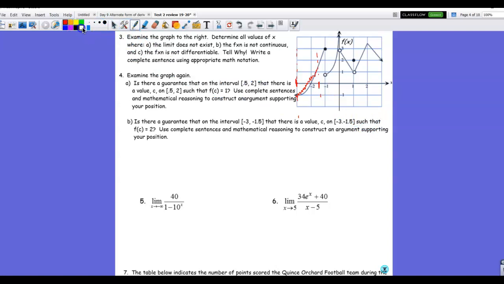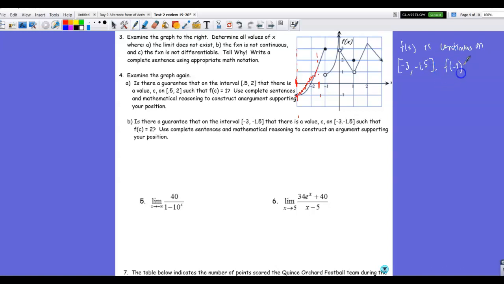So this time I'm going to begin by saying f of x is continuous on my given closed interval. I have to be specific. Remember, that's something that we've talked about. -3 to -1.5, period. Then I'm going to state the endpoint y values.